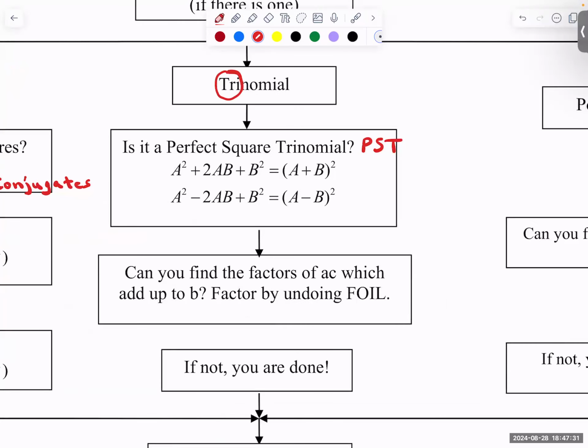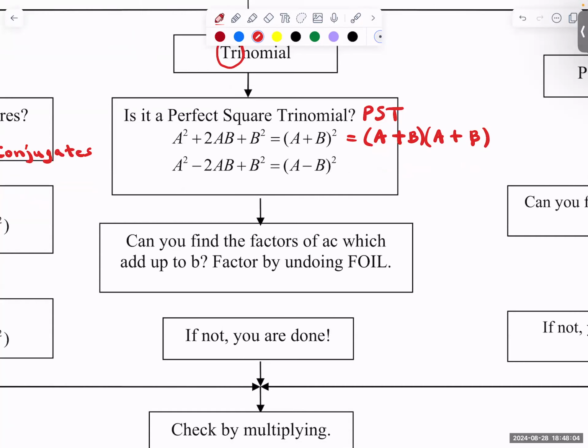That can be factored as the product of two binomials. First term a, addition everywhere, second term b. So if you multiply, and you could use FOIL, you'll get a squared plus 2ab plus b squared. And that can be factored as the square of the sum a plus b.